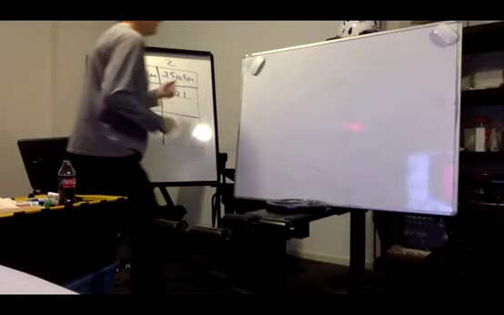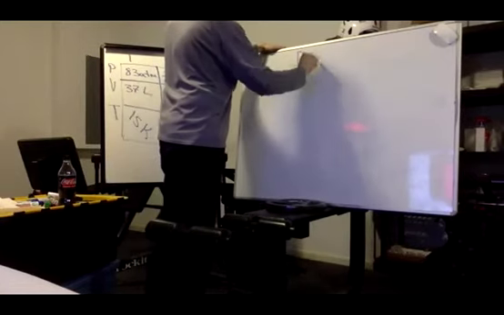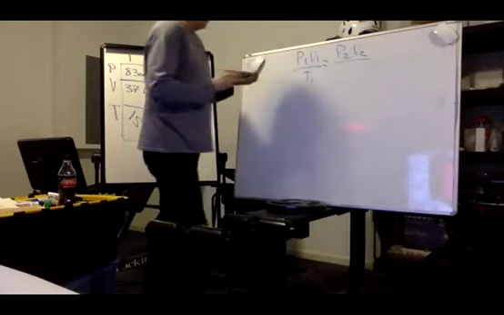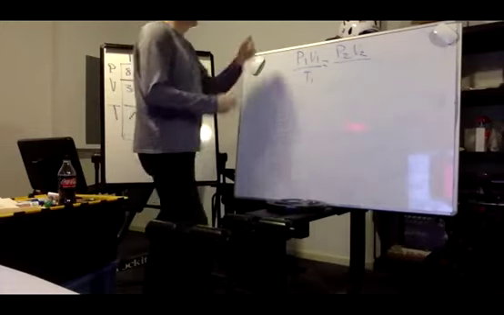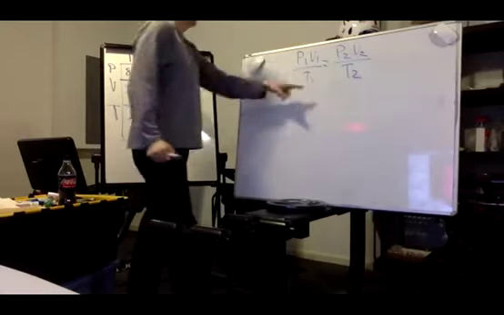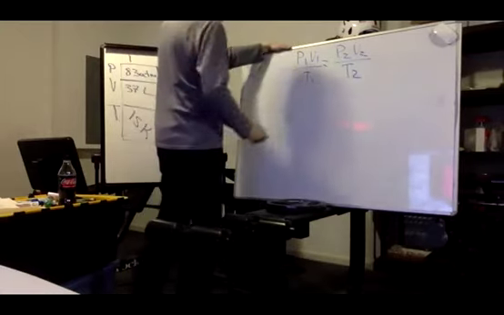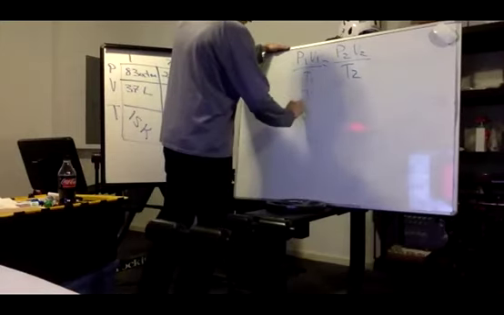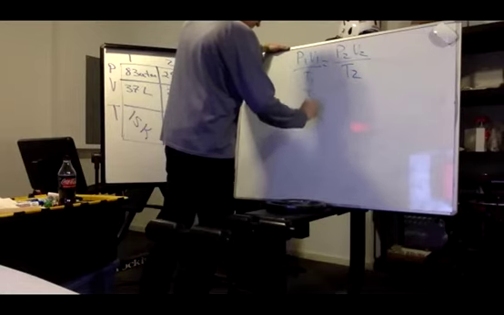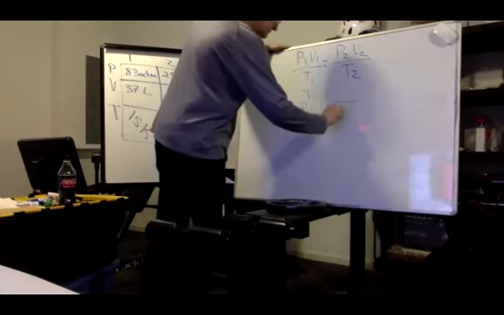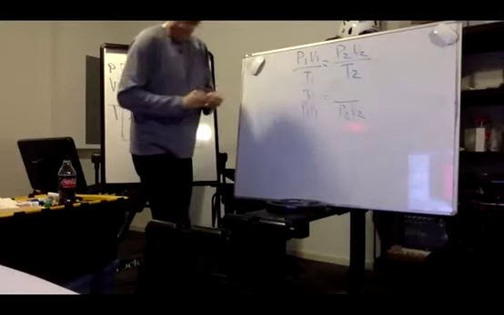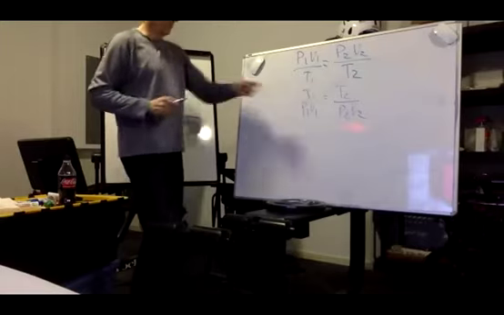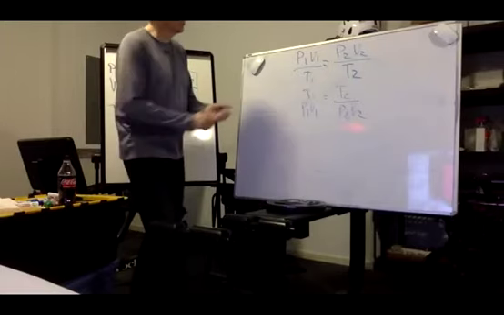So I'm going to start with my root. Well, I got my temperatures downstairs, so I'm going to go ahead and flip that. So that's going to be my starting equation.